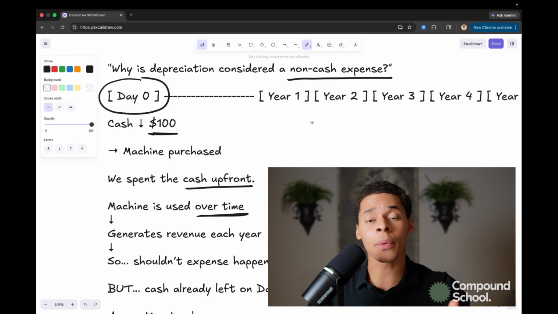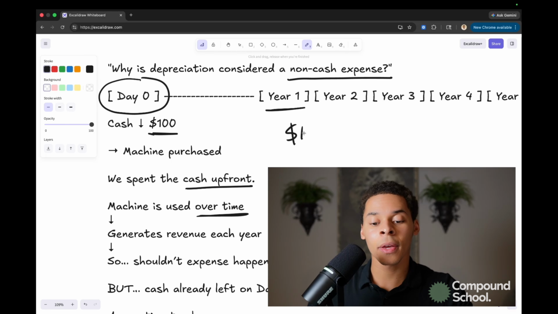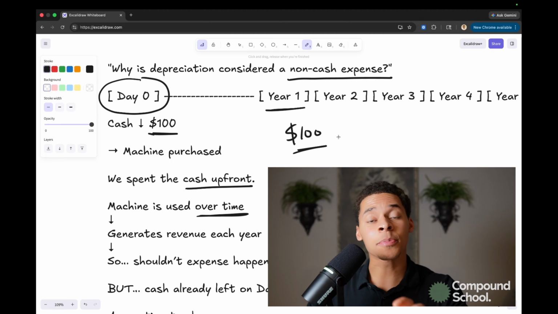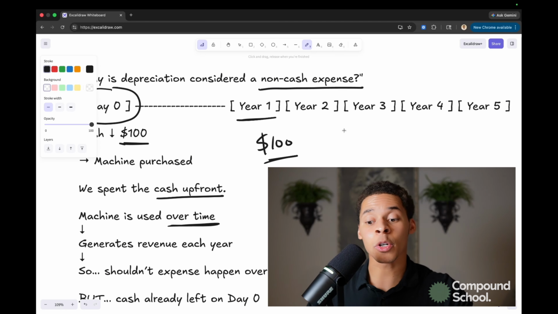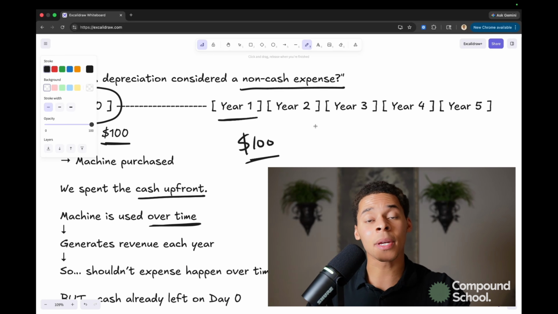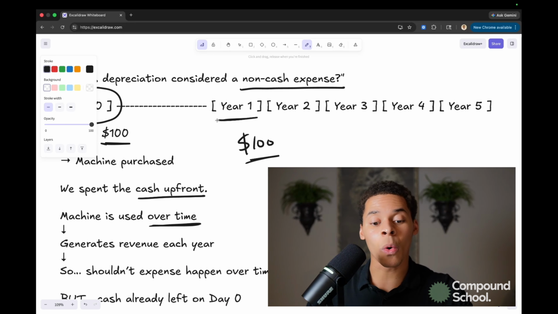On day zero in year one, our company had a cash outflow of $100, and this $100 was used to purchase a machine. Now, this machine is expected to produce future economic benefits for us for multiple periods. To be more specific, we expect to receive benefits from this machine in years 1, 2, 3, 4, and 5.